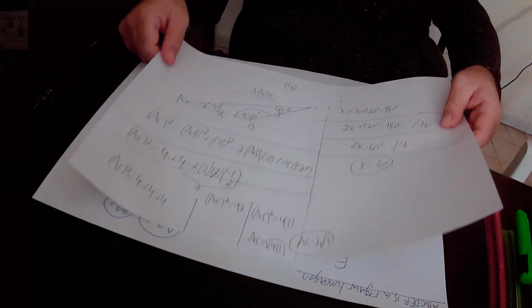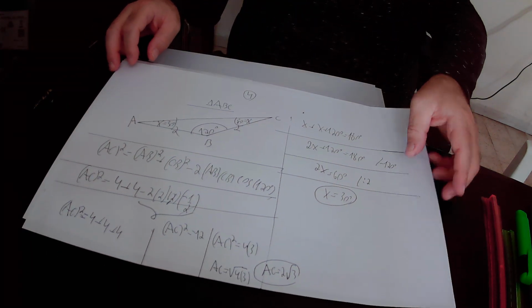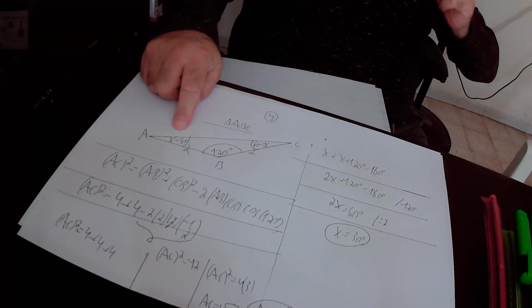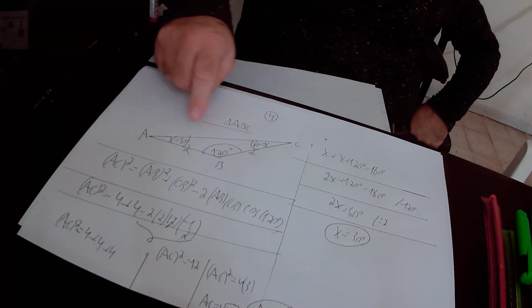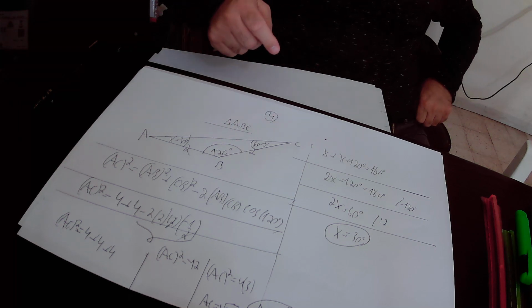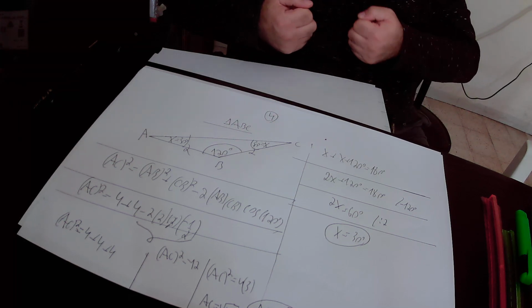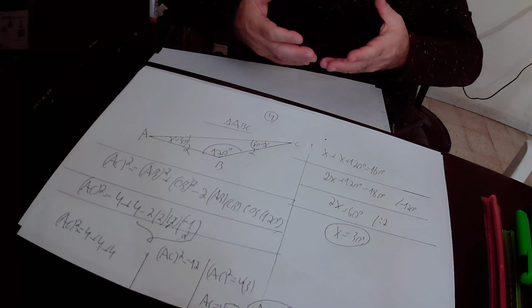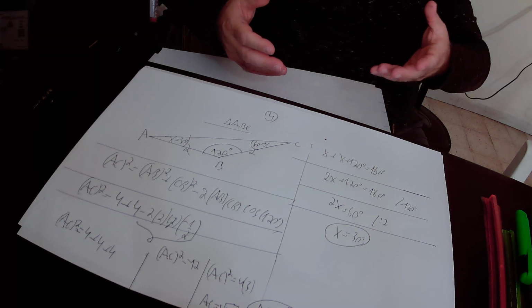Then we continue to focus on triangle ABC. We want to find the sizes of those two angles. We know that side AB equals side BC. They are both equal to 2 units, therefore they are equal to each other. And we know that in any triangle, opposite equal sides, there are equal angles.